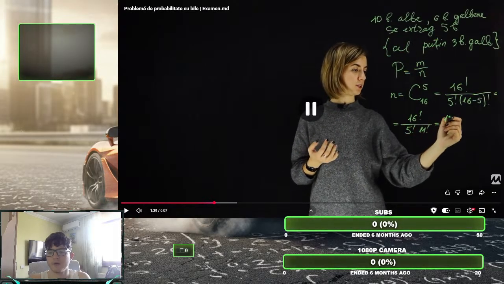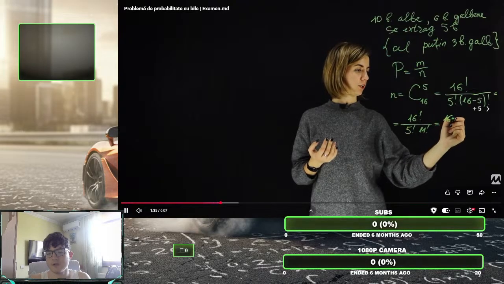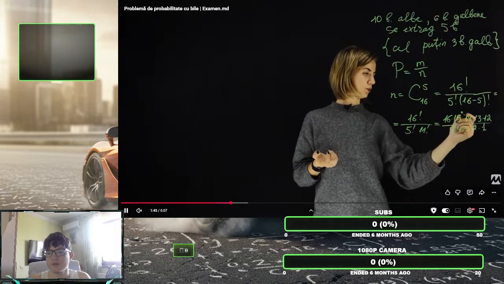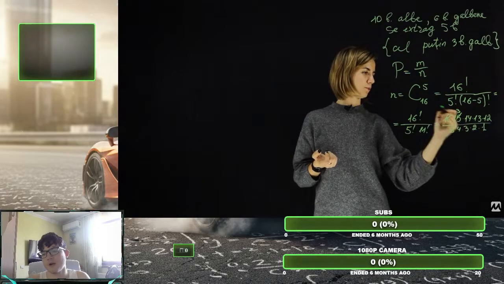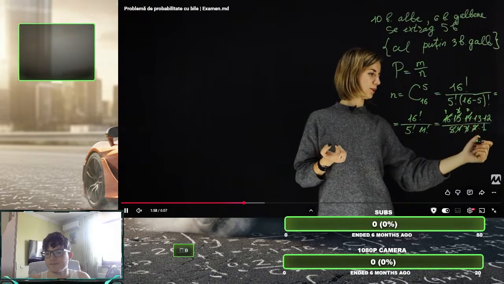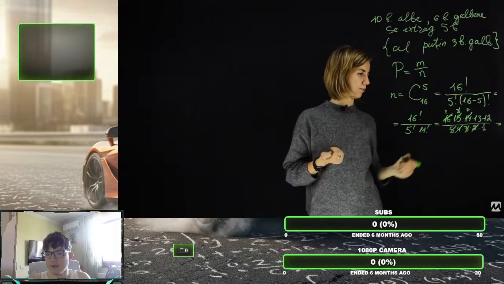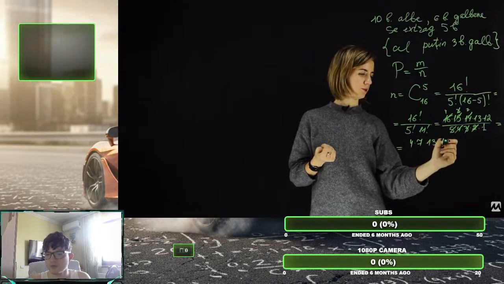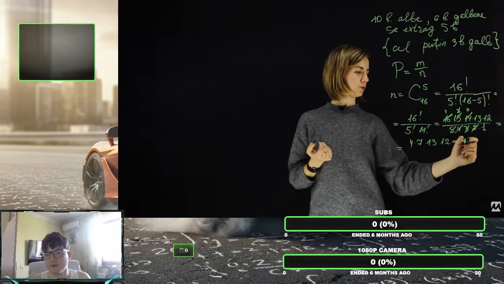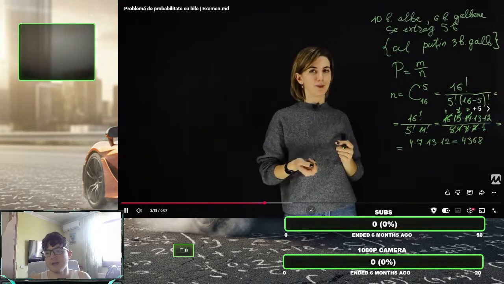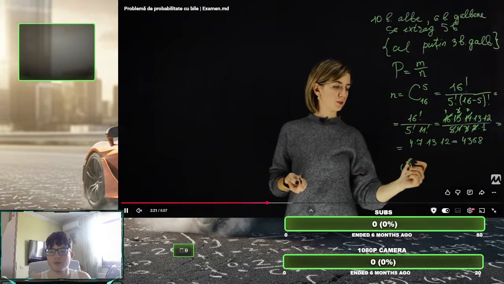Right there we have on top 12 times 13 times 14 times 15 times 16, and below we have 2 times 3 times 4 times 5, and we can simplify the 3 with the 3, the 4 with the 4, the 2, and we will have 1 below, and on top quite a big number, 4,368. That's the end.